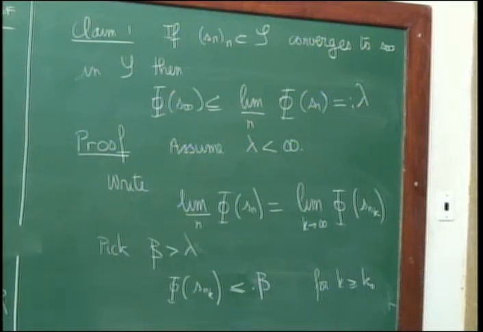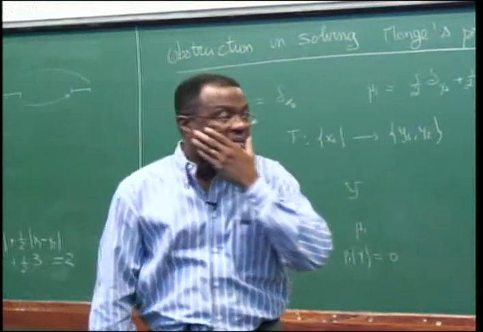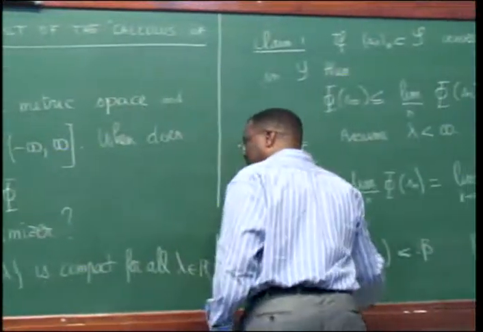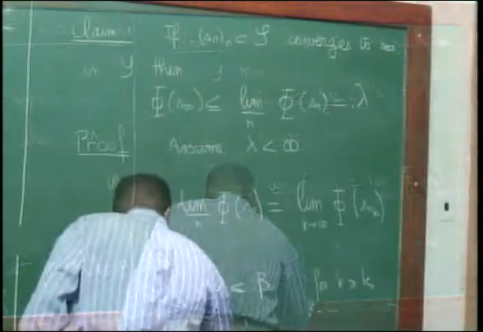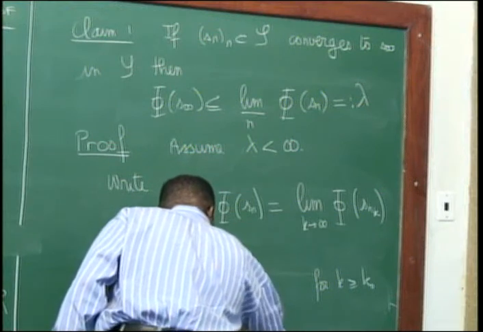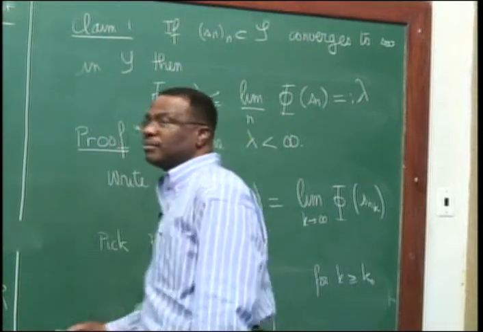If the limit is lambda, it means that for k large, we are close to lambda, but beta being strictly greater than lambda, we are less than beta. Another way of writing this is S_{n_k} belongs to the set where phi is less than beta.